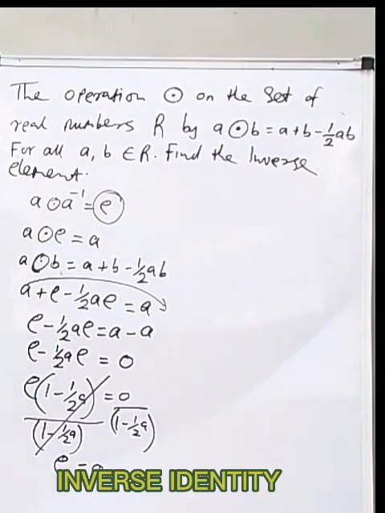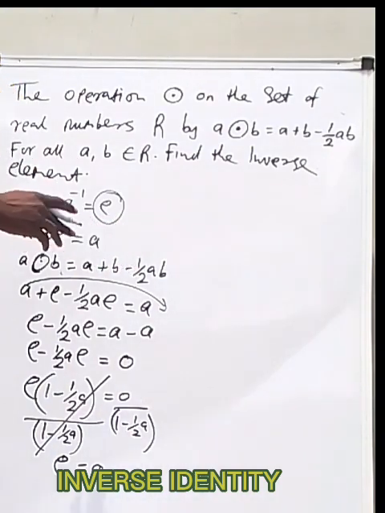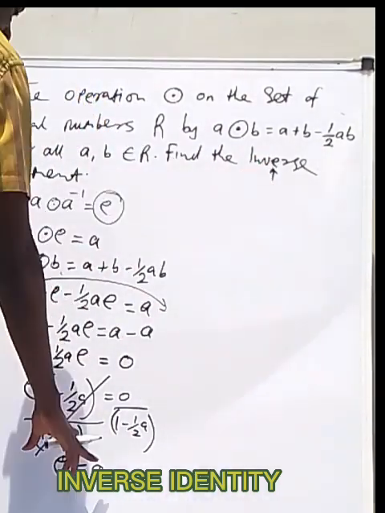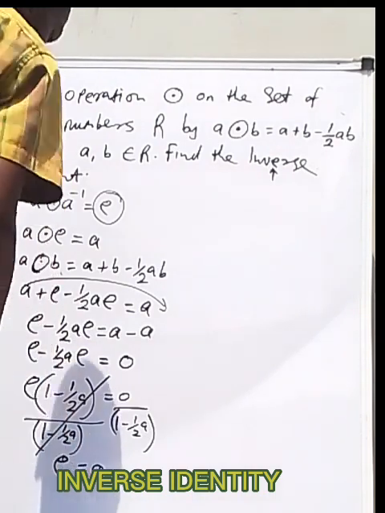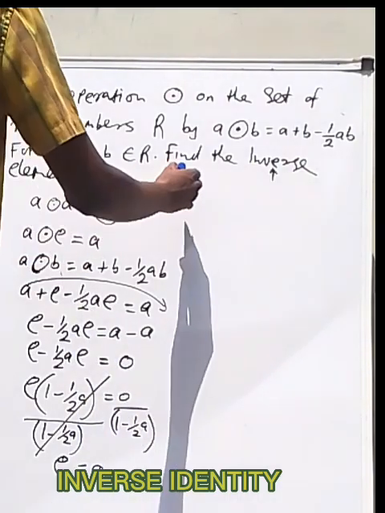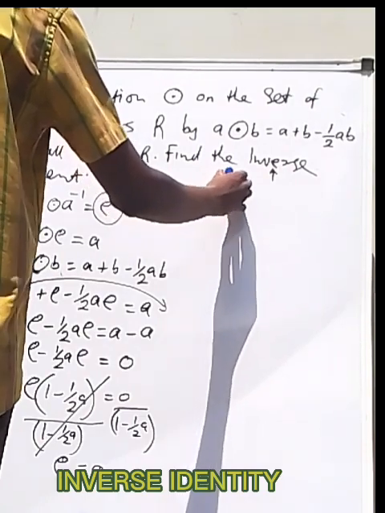Now that I've gotten the identity element, I will now move ahead to calculate for the inverse element or inverse identity. Of course, we have said that under inverse element, A operation A inverse is equal to the identity element.